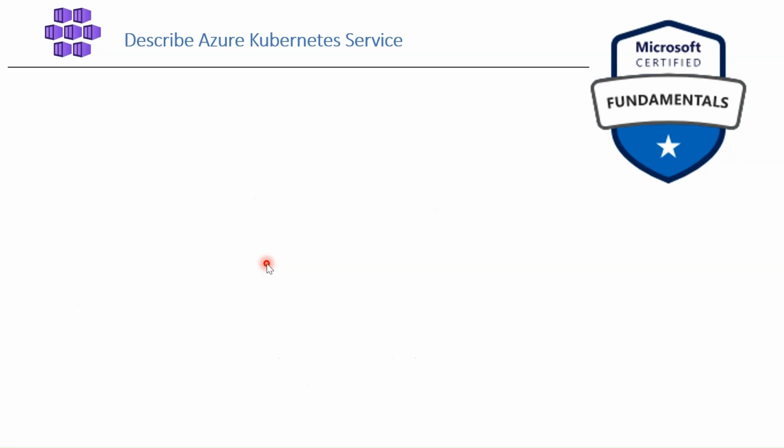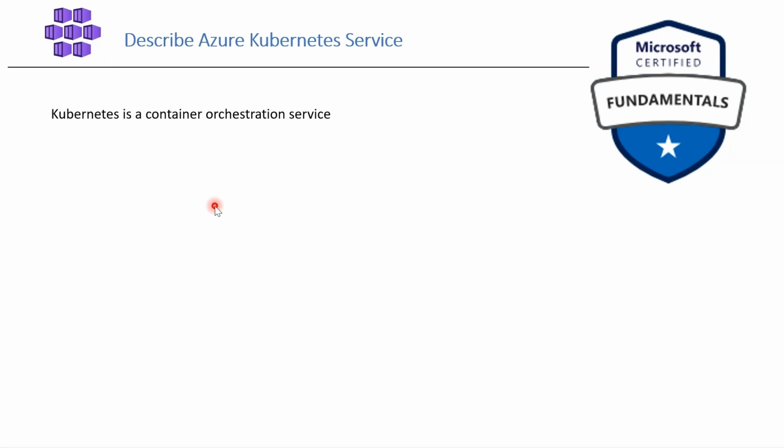Now let's look at the Azure Kubernetes Service, the very popular Kubernetes service that's used by a lot of enterprises these days. Kubernetes is a container orchestration service. Let's assume there are 1,000 containers that I'm running. Then it would be very difficult to manage them, making sure that there is network connectivity in place and each container is able to talk to the other one.